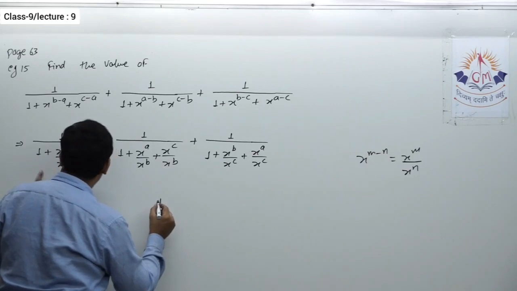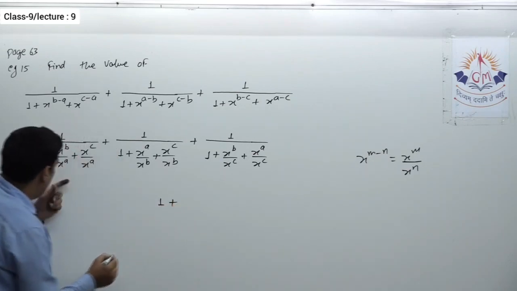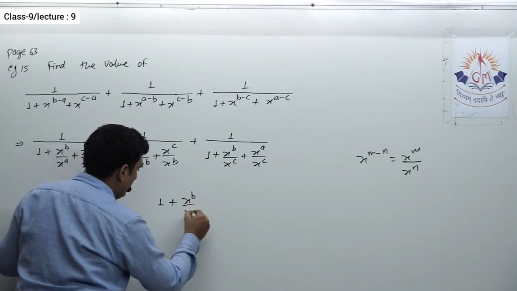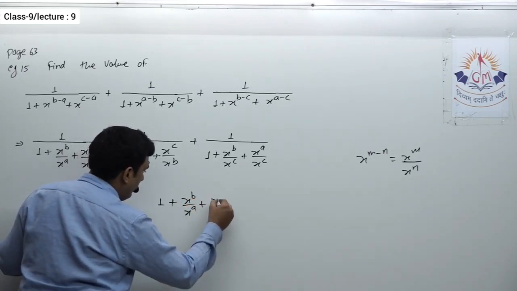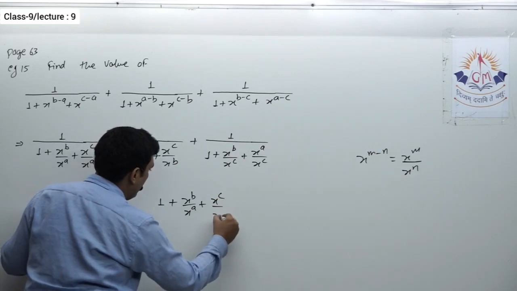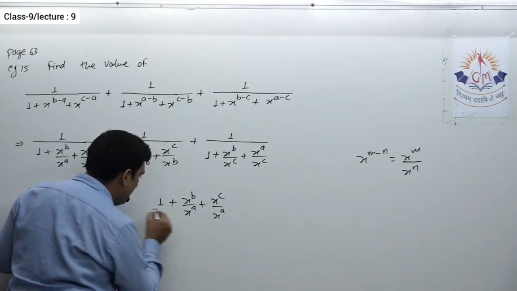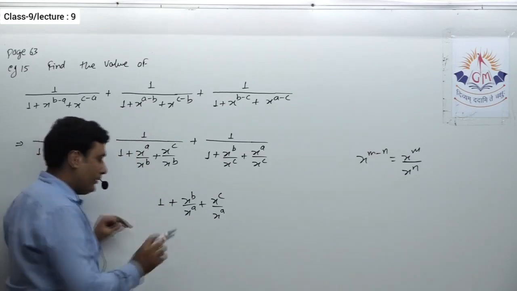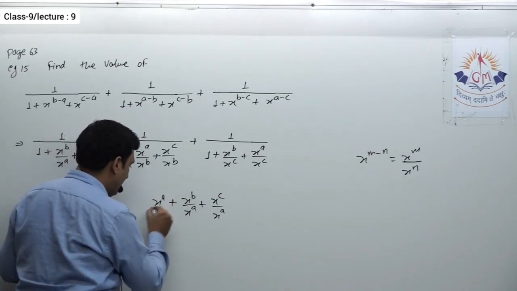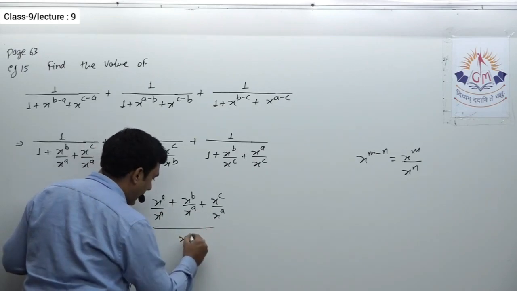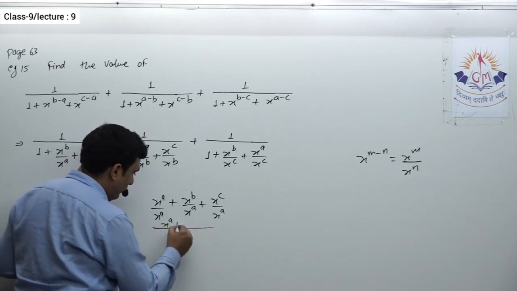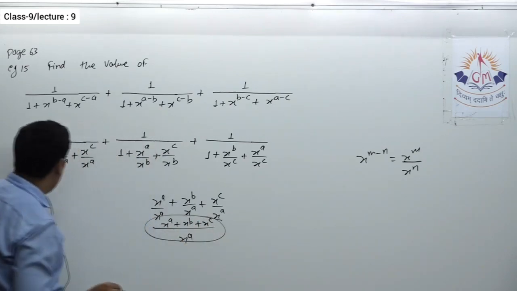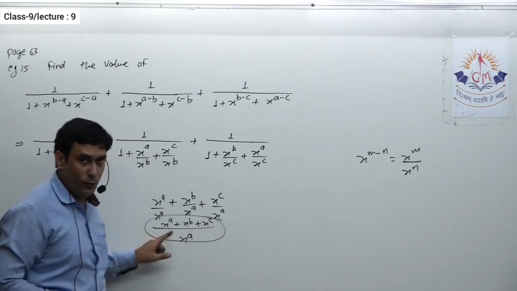The denominator of the first term is 1 plus x raised to b upon x raised to a plus x raised to c upon x raised to a. To add these three, I take the denominator x raised to a, so instead of 1 I write x raised to a over x raised to a, and then I can add. So I get x raised to a plus x raised to b plus x raised to c upon x raised to a.